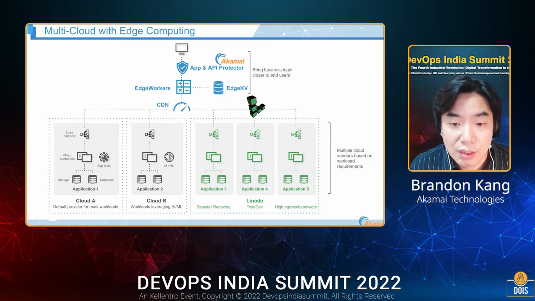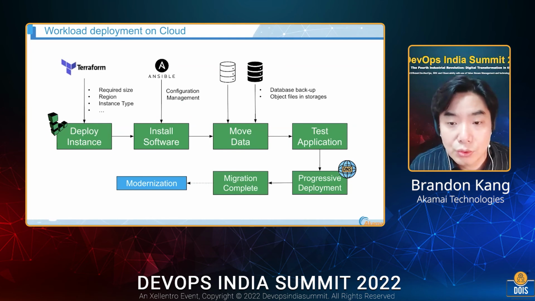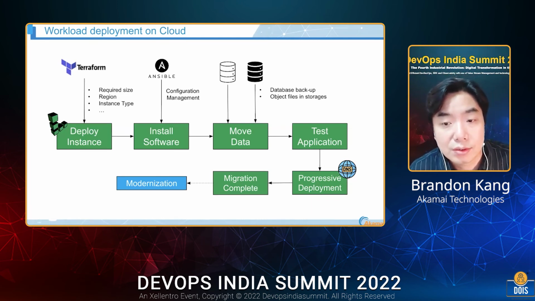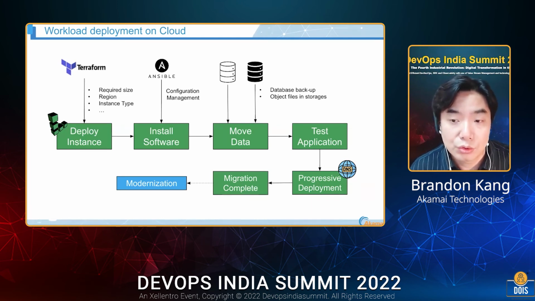So in this slide, we showed you how Akamai's major services can combine with the major and alternative cloud service providers. This slide shows you how to connect the major technologies of DevOps and Linode Cloud. You can also create an instance in Linode Cloud through our managed console.